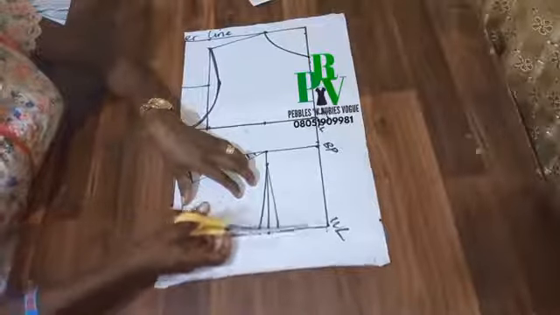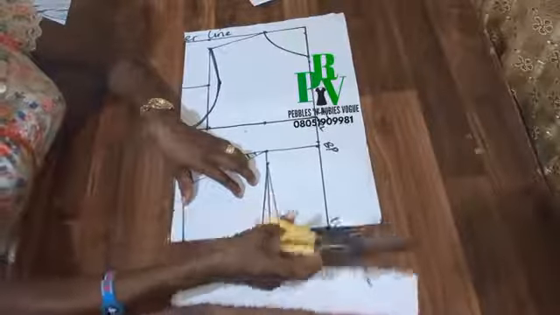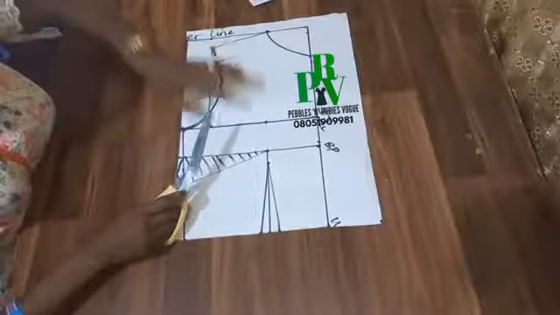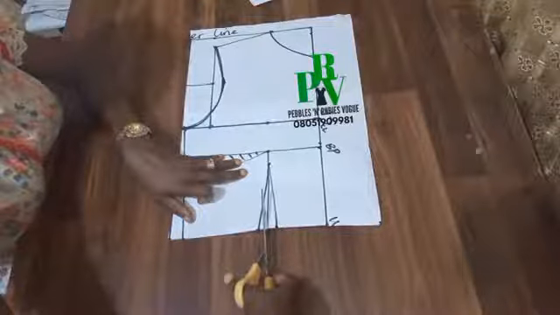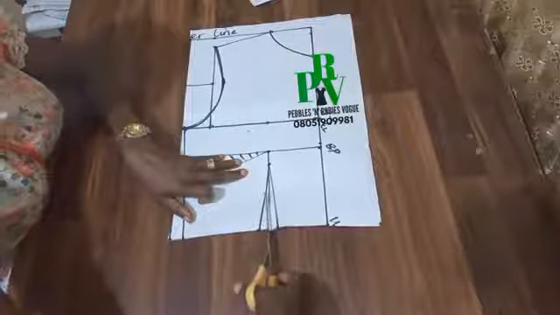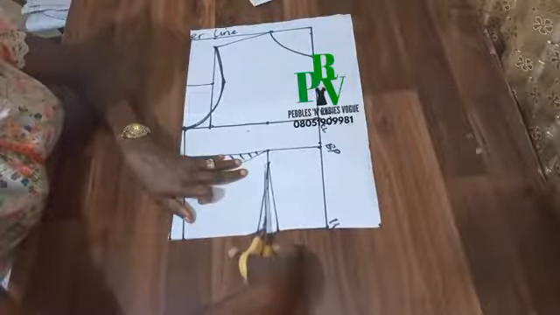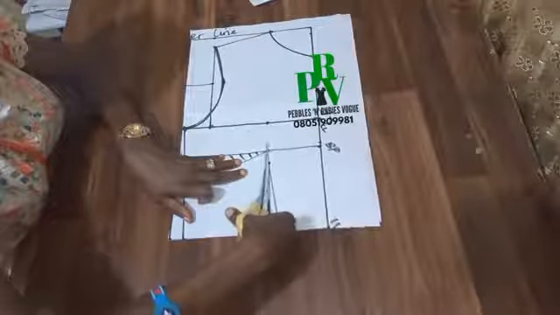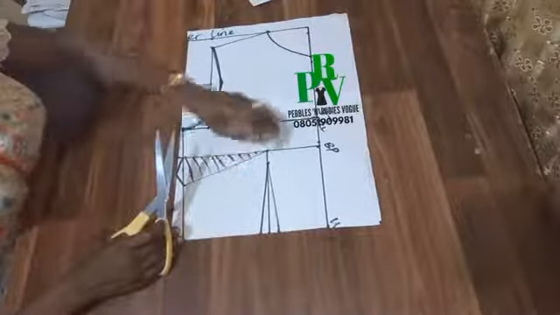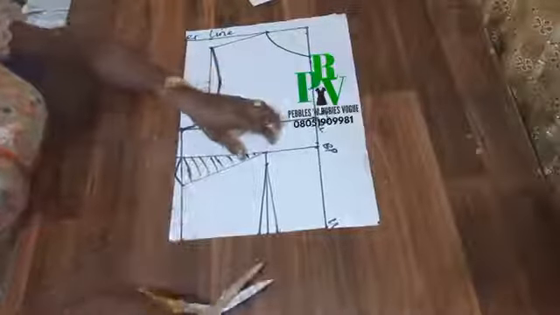So I'll open up the waist dart like so. I hope you can see. I'll open it up like so, down to the bust point, and then I'll close the bust dart.